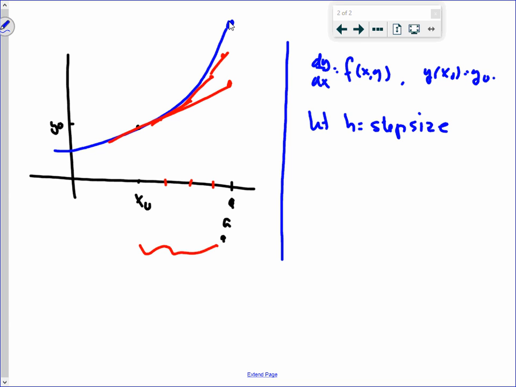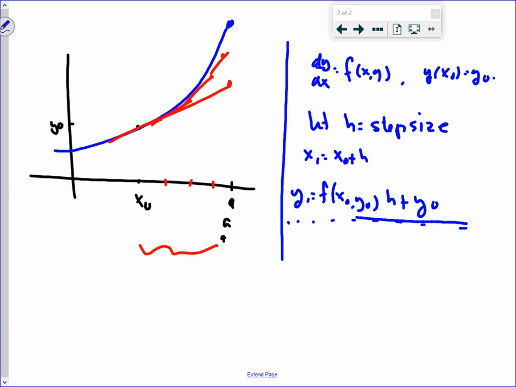Then x1 is x0 plus h. y1 is, well, we just had that on the previous screen. It's going to be f of x0, y0, times h, plus y0. And that would put us, on this graph, about there.